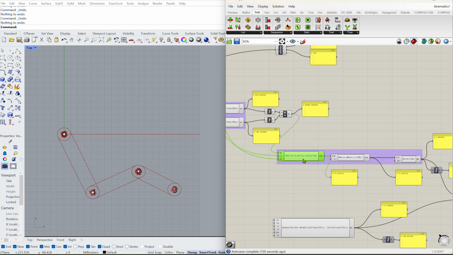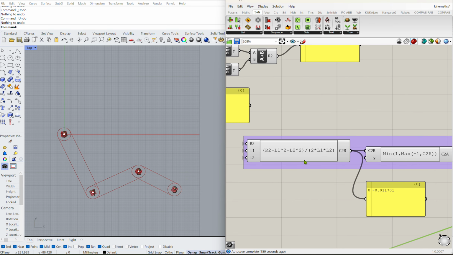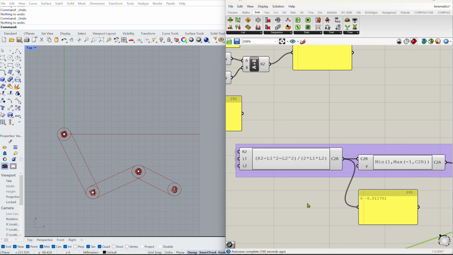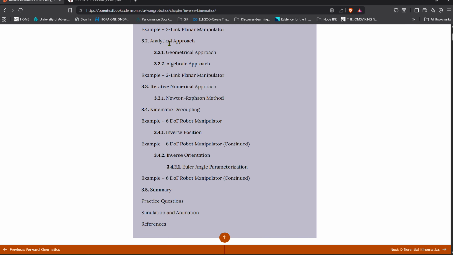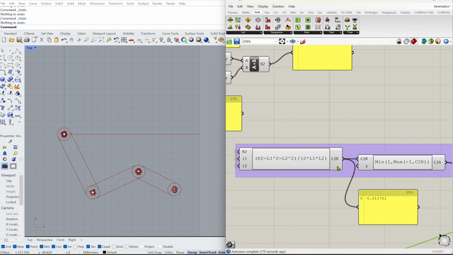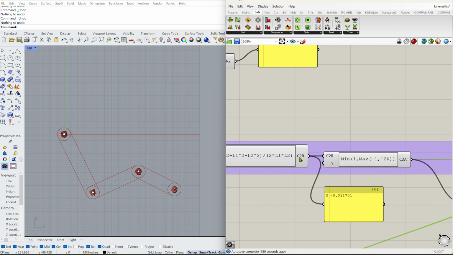Next, we solve for theta 2. This is taken directly from the analytic approach, 3.2, 3.2.1. So R squared minus L1 squared minus L2 squared, divided by 2 times L1 times L2, equals C2.